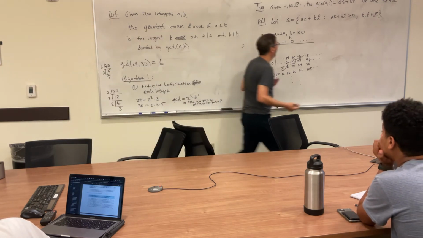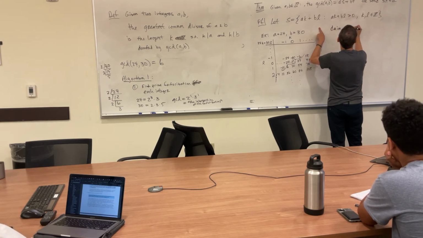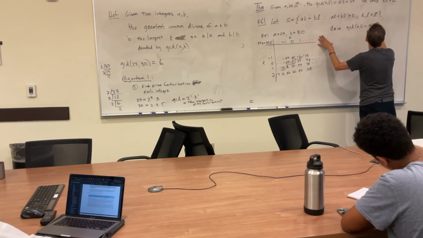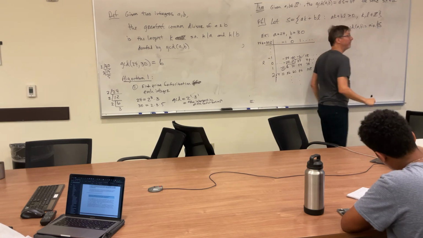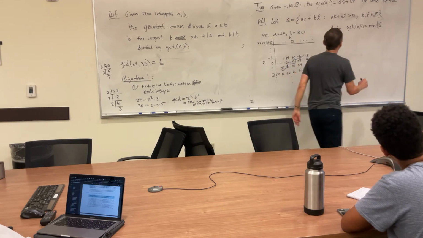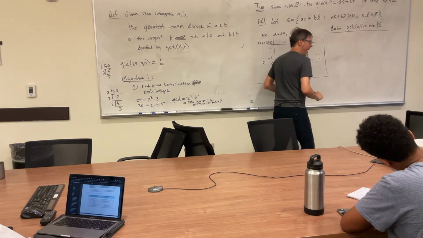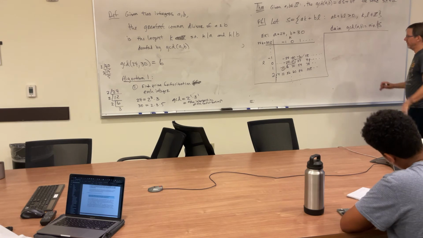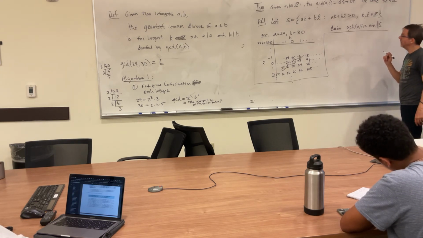So that's our claim: the GCD of A and B is equal to the minimum element in S. Cool. Let's prove it. And this was just motivation for why whoever created this must have looked at something like that, because it seems completely counterintuitive to me.